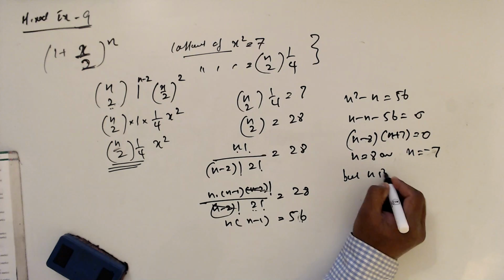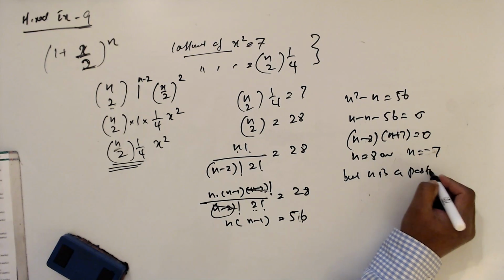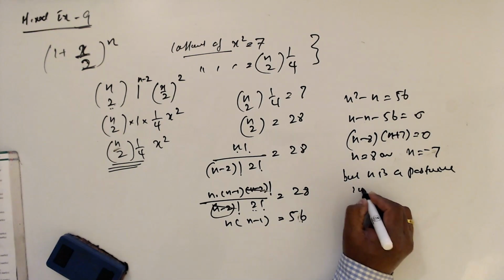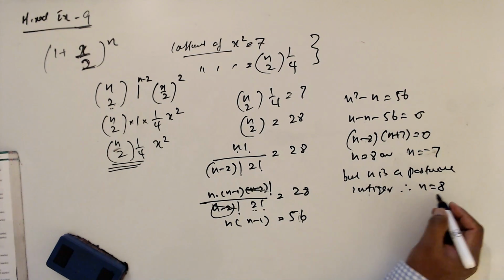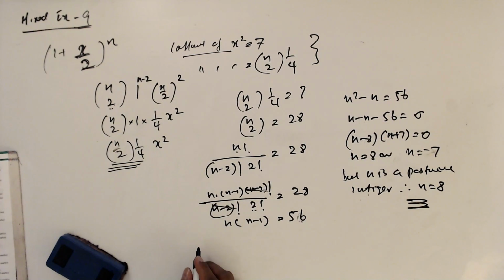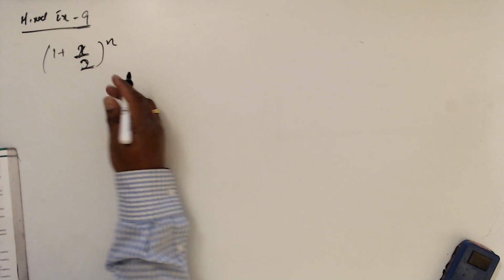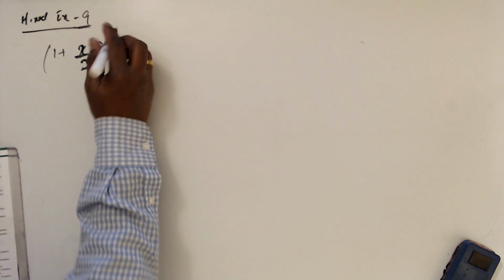But n is a positive integer, hence n = 8. Now I know the n value is going to be 8.